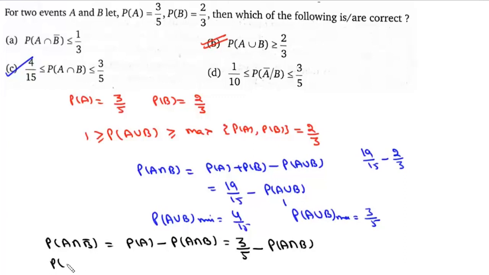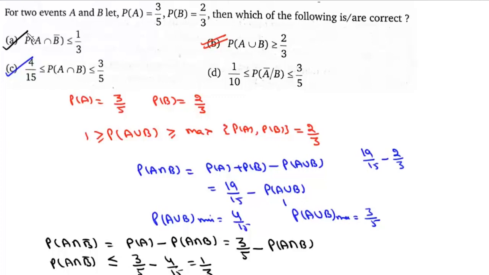So P(A intersection B complement) will always be less than or equal to 3 by 5 minus 4 by 15, which is 5 by 15, that is 1 by 3. That means this option A is also correct.